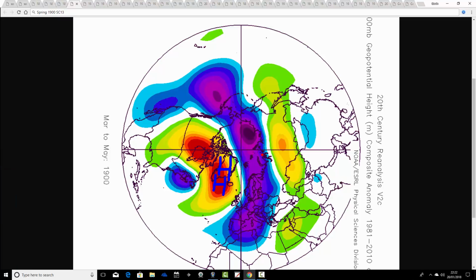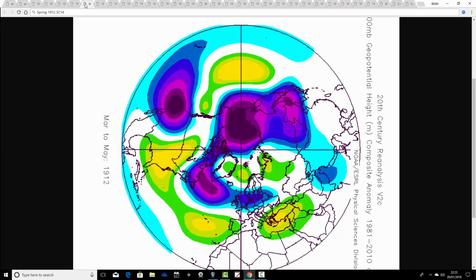And then this deep trough of below average heights extending through northern and central Europe. With the jet stream, we're doing something like that. So that looks a very unsettled spring, as well as being quite cold as well, in the spring of 1900.